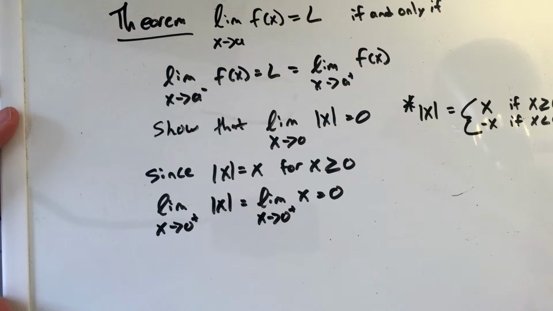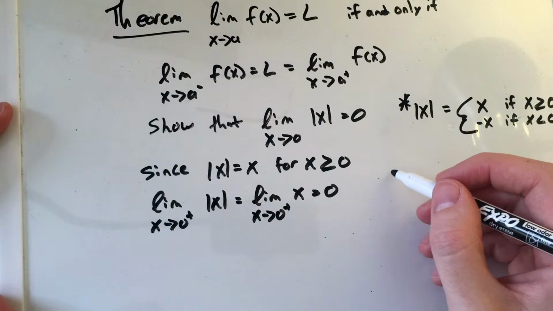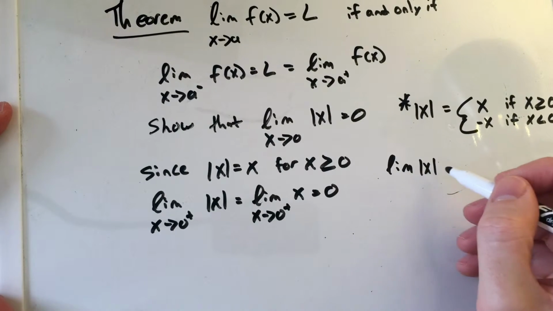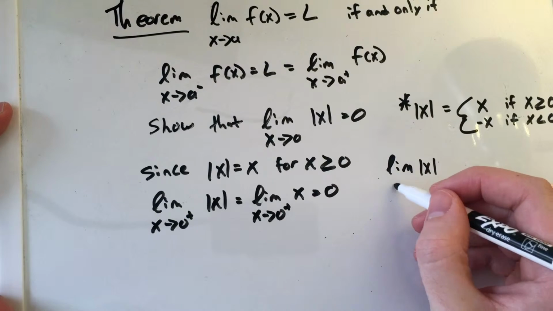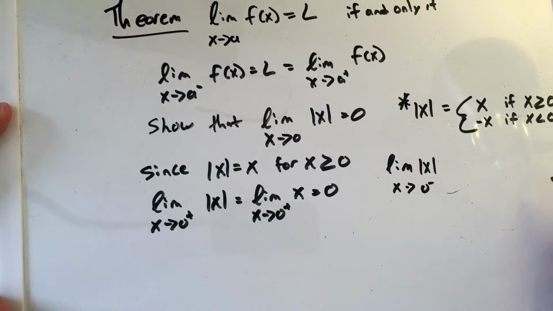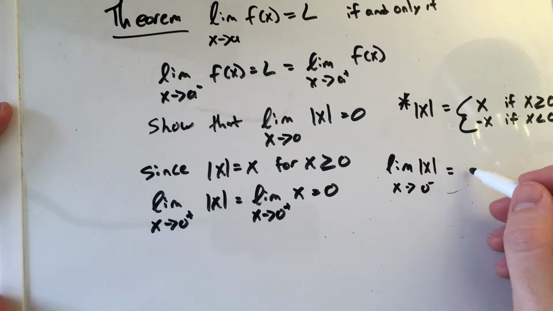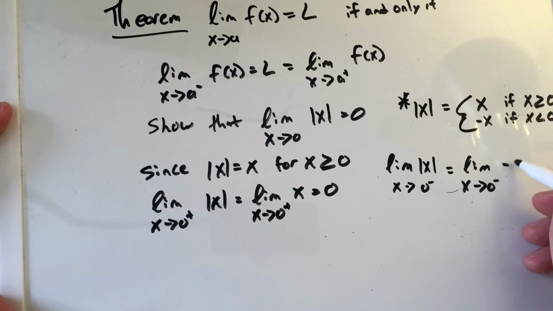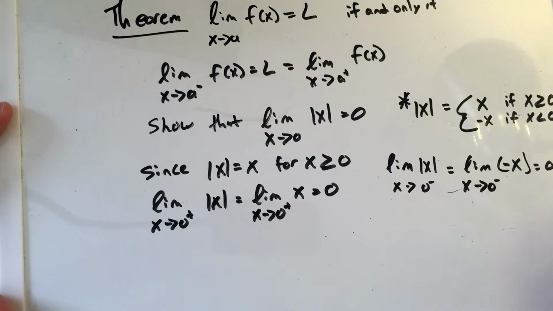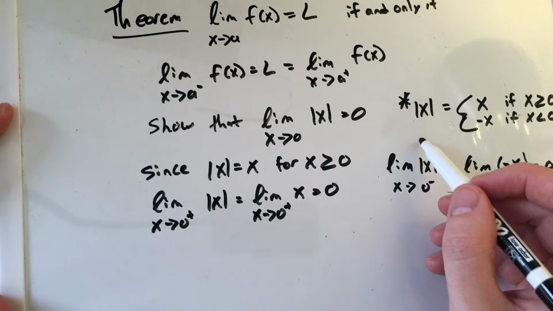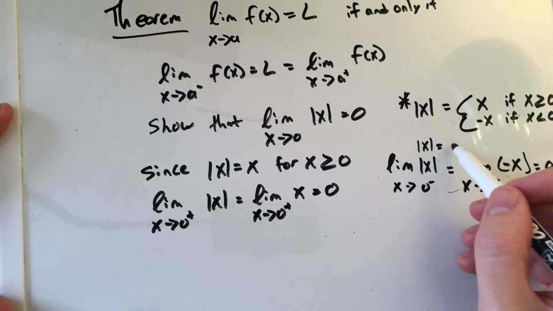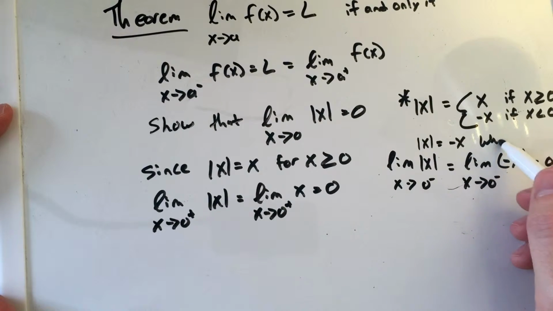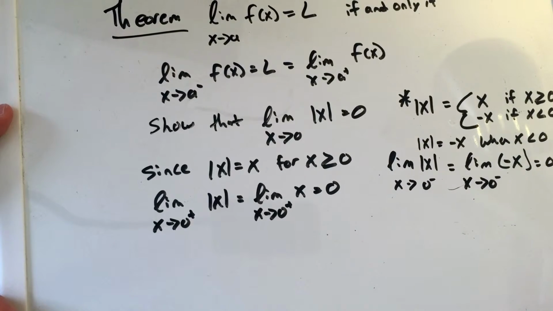Now dealing with the other side, the limit of the absolute value of x as x approaches 0 from the left behaves just like the limit as x approaches 0 from the left of negative x, which is equal to 0, because in this one, the absolute value of x is equal to negative x, stated here above, when x is less than 0.